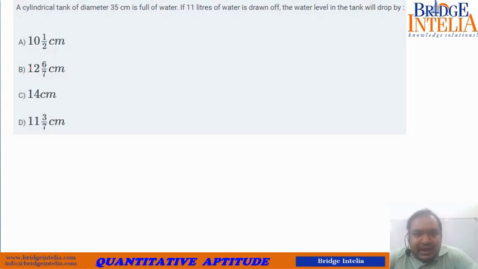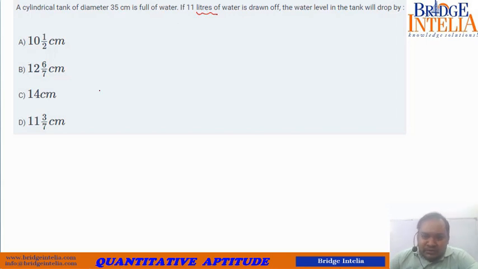A cylindrical tank of diameter 35 centimeter is full of water. If 11 liters of water is drawn off, the water level in the tank will drop by. Now please see, there is a problem here. Liter is used. So you must know that 1 liter is equal to, in terms of volume, how many centimeter cube.